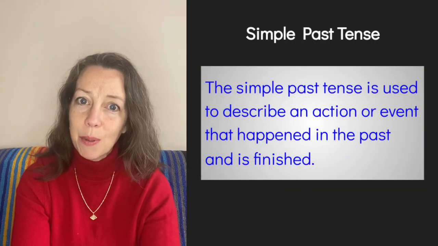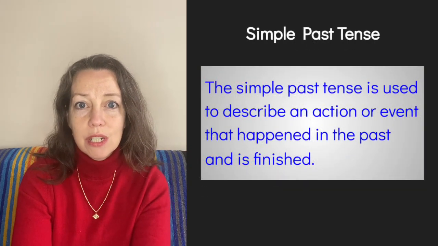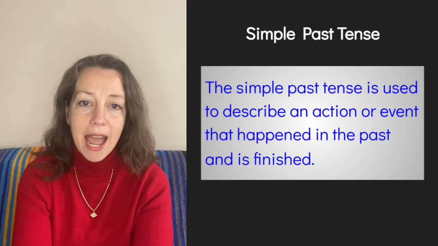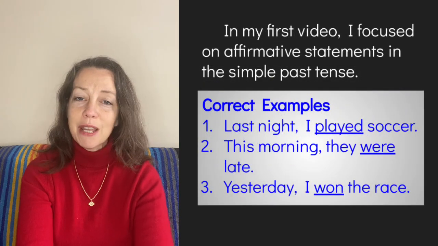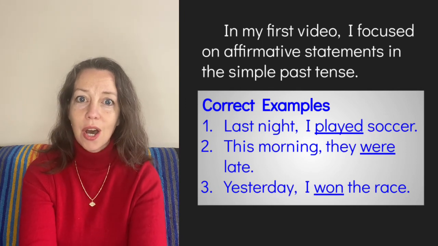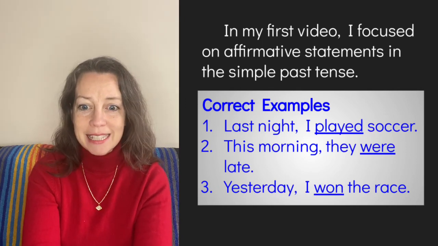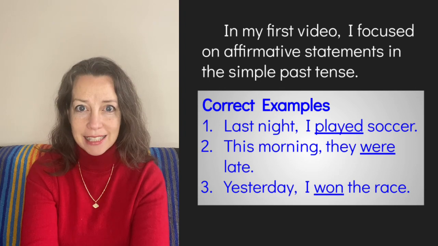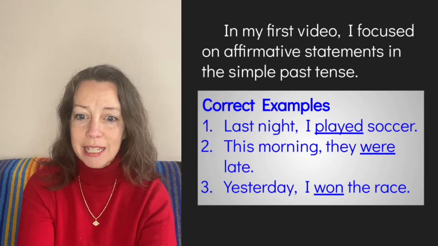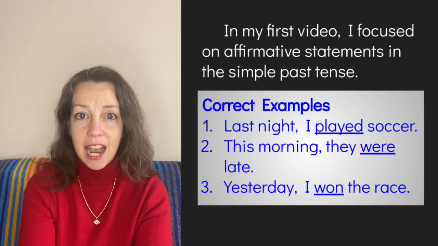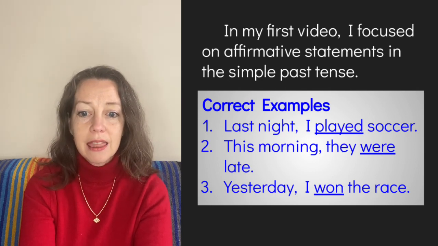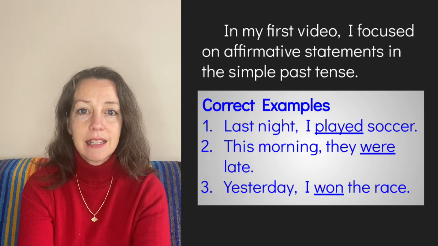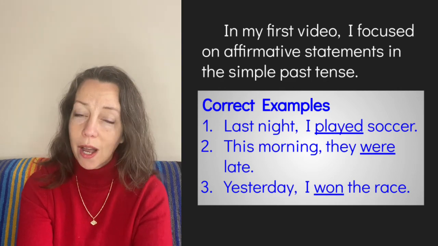Again, the simple past tense is used to describe an event or action that happened in the past and is finished. In my first video, I focused on affirmative statements in the simple past tense. Correct examples include, last night I played soccer, this morning they were late, and yesterday I won the race.